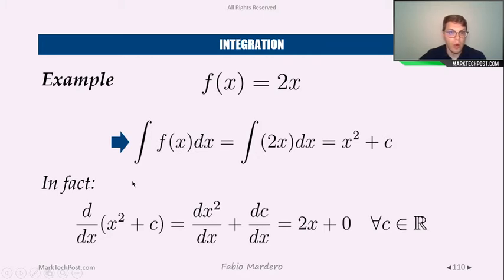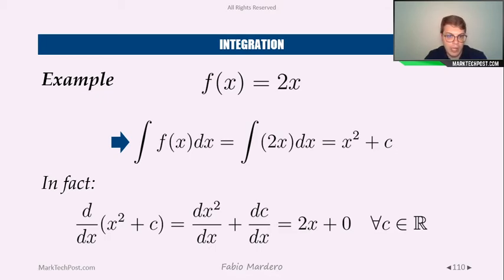To discover why there are an infinite number of antiderivatives given a function, let's take a look at f of x equal to 2x. We compute the antiderivative, and we get, as I told you, x squared plus c.